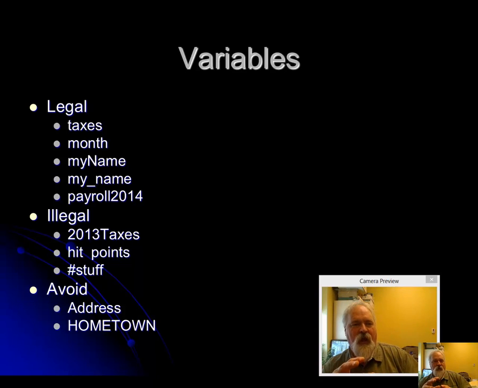Every variable is going to have a name, and you put something into that variable by referring to its name, which actually comes up on the next slide. But let's start with what's legal. Generally, the rules of a variable name or any identifier are that it has to start with a letter of the alphabet, and then can be any combination of letters and digits, and usually the underscore is okay, and that's usually about it.